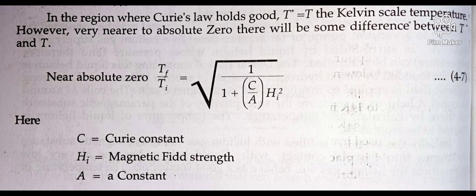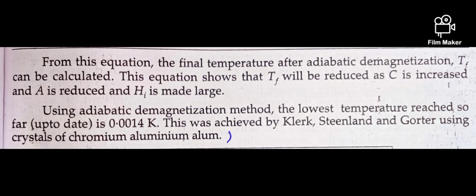From this equation, the final temperature after adiabatic demagnetization Tf can be calculated. This equation shows that Tf will be reduced as C is increased, A is reduced and Hi is made large.